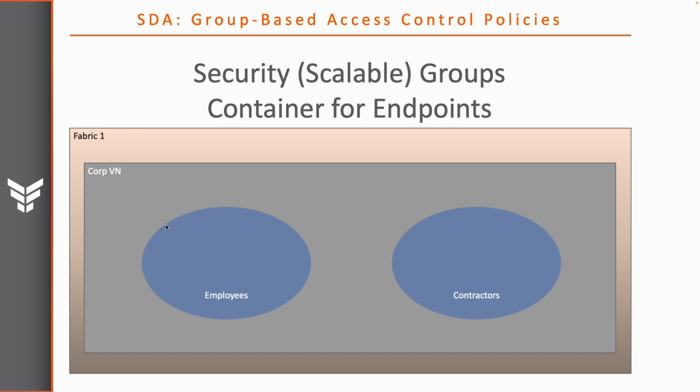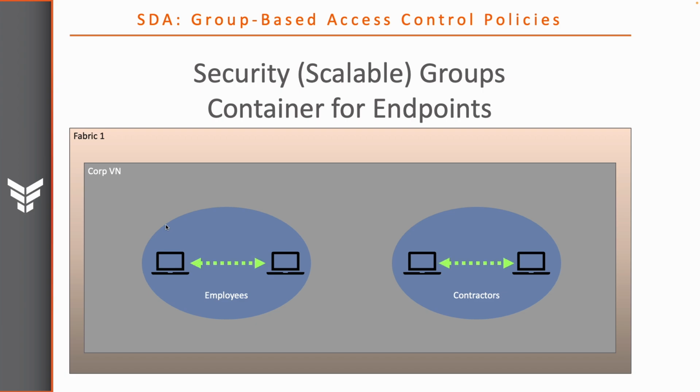Now, when an endpoint authenticates and joins our network, we're going to assign it a scalable group tag, or an SGT. In this case, we'll have endpoints that authenticate and are assigned the employees SGT, and some that are assigned the contractors SGT.